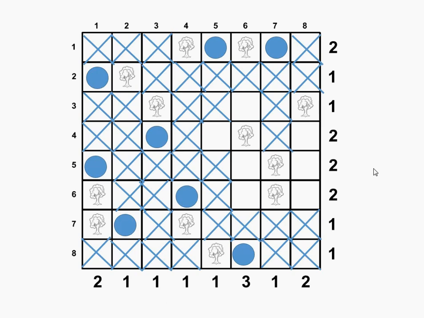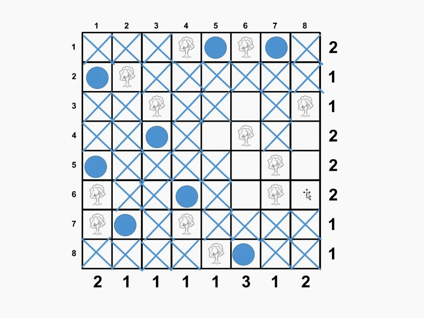Now, column number 8 has two tents, and there are 3 cells, and the only possible combination is to have tents here and here.